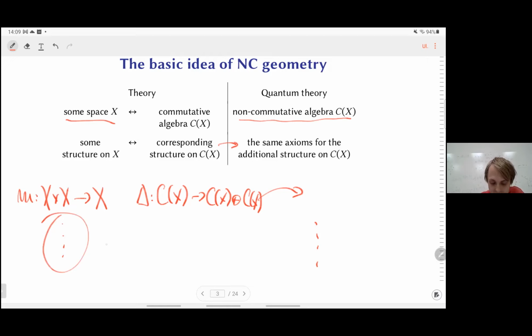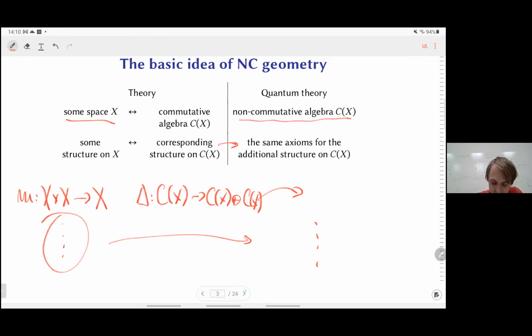But if we transfer those axioms into the non-commutative world, then the different ways to express them may be non-equivalent, and therefore we have to make some choices, which sometimes might not be so obvious. This we will also see today.